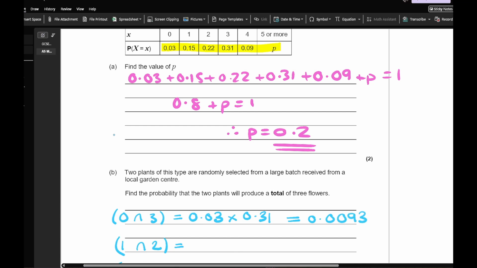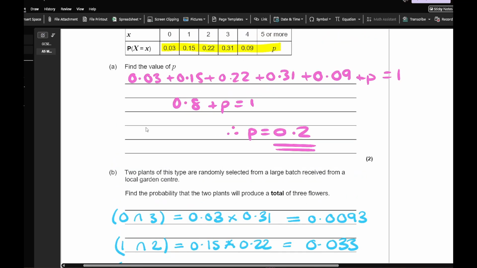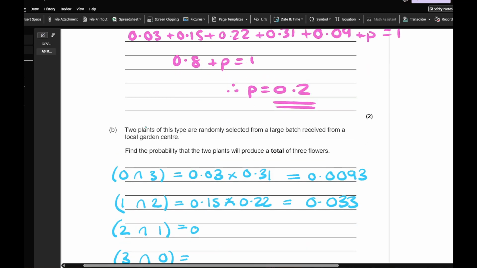and that's going to give me an answer of 0.0093. And then 1 and 2 is 0.15 multiplied by 0.22. So 0.15 multiplied by 0.22 gives me an answer of 0.033. Then 2 and 1 is 0.22 multiplied by 0.15, which is going to give me the same.